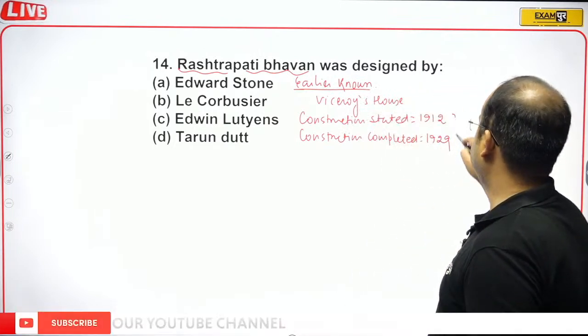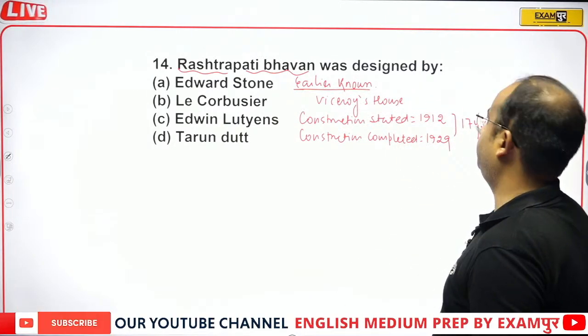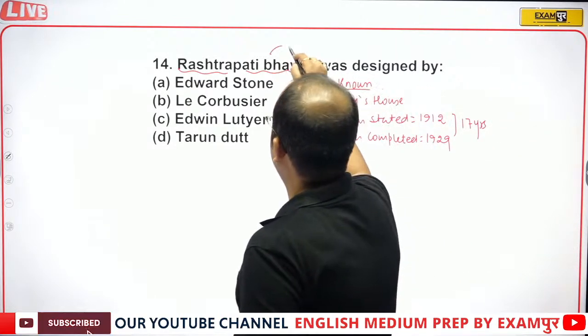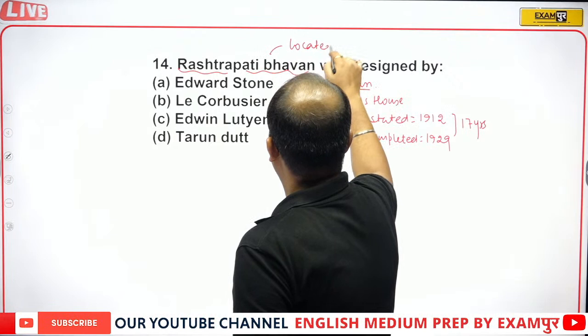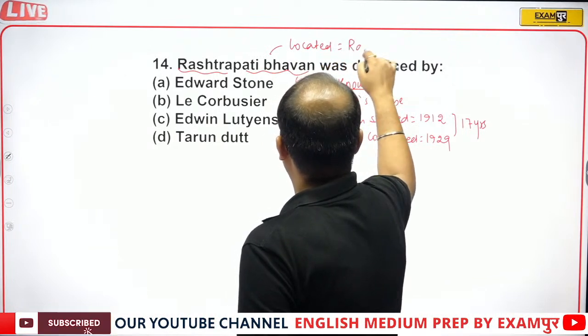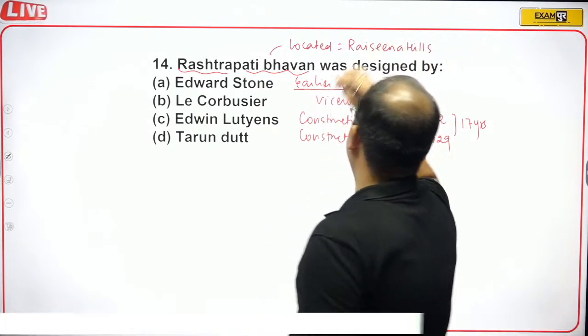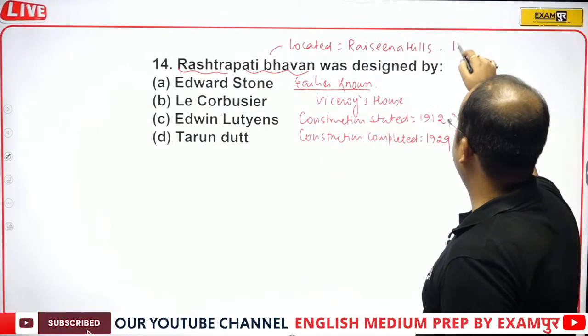So it took almost 17 years to build this beautiful building, and it is located in Raisina Hills, which is a part of the Aravalli Mountains.